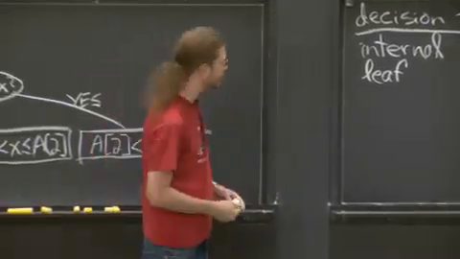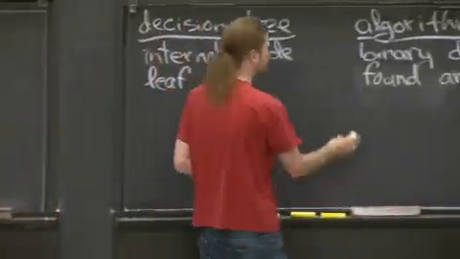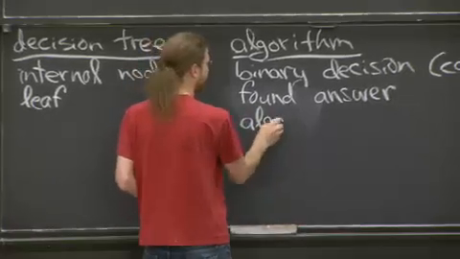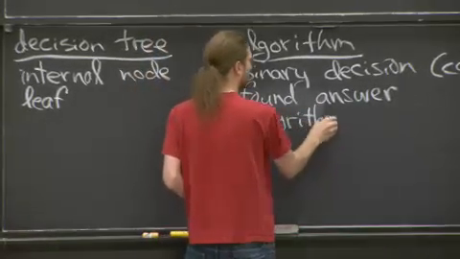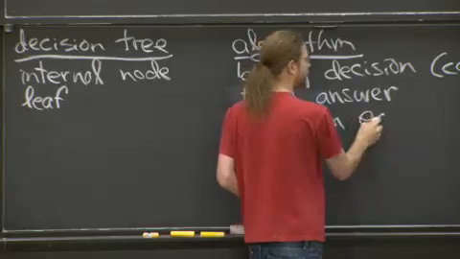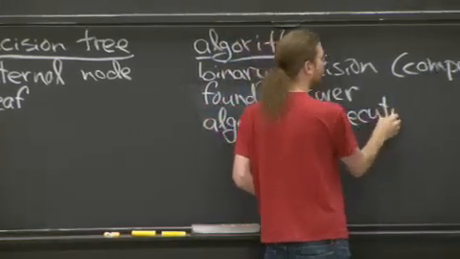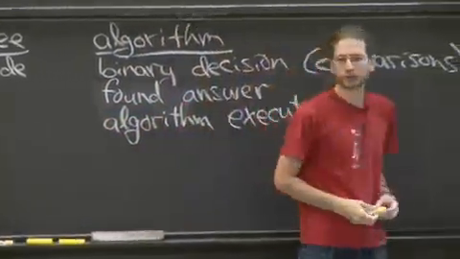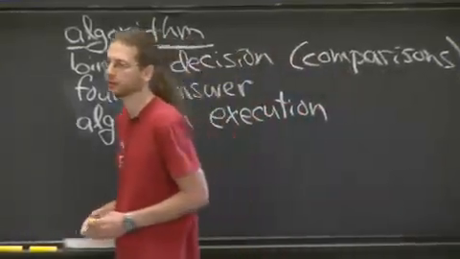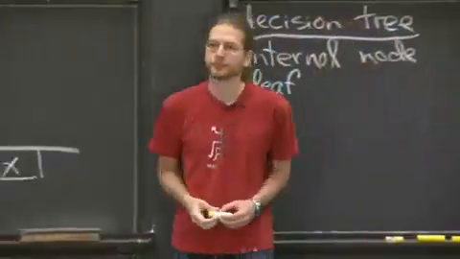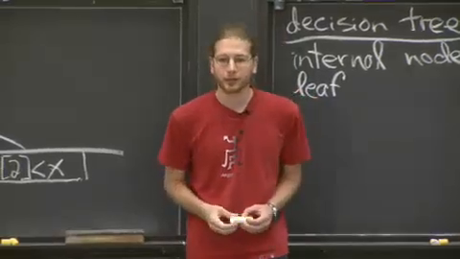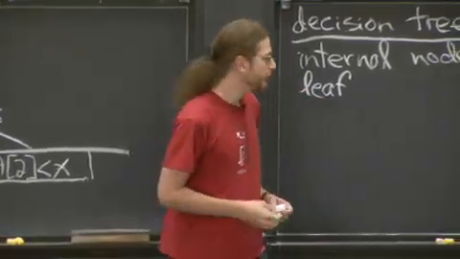What else do we have? All right, here's some puzzles for you. If I just wanted to look at a single execution of the algorithm, what does that correspond to in the tree? Going from the root all the way down to a leaf.